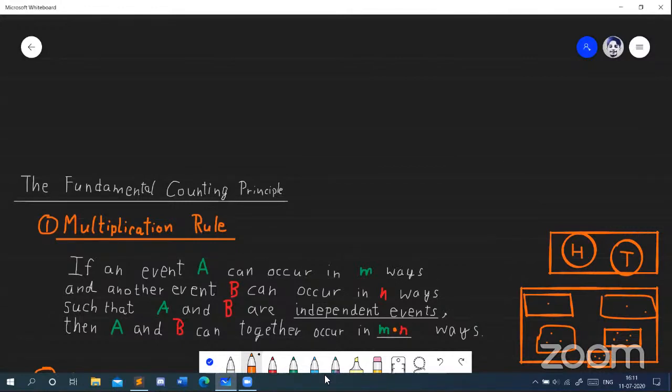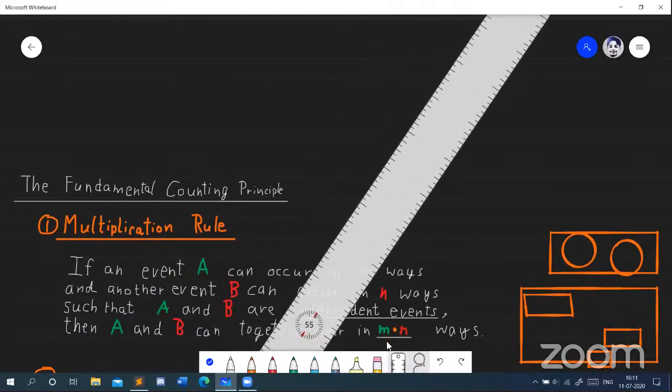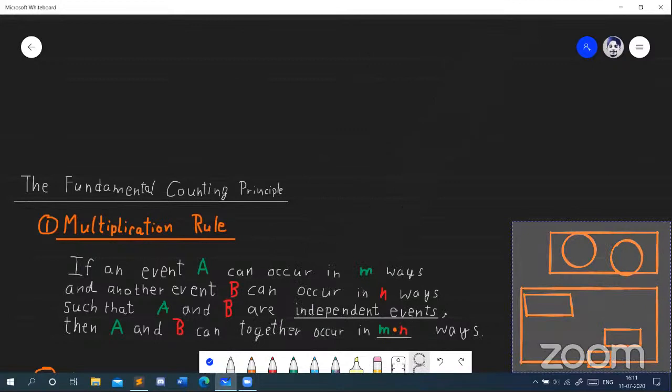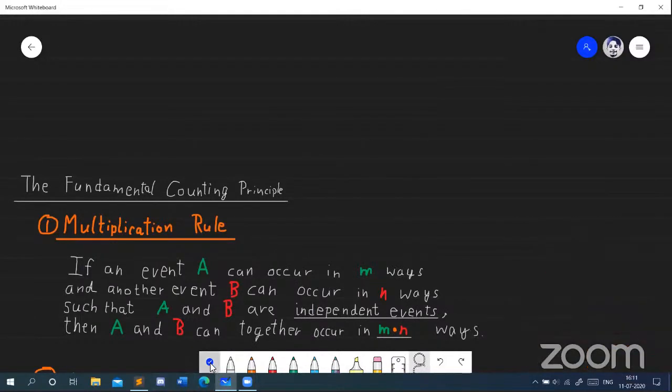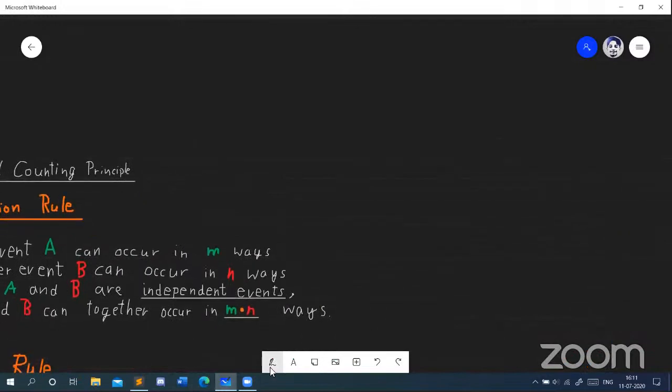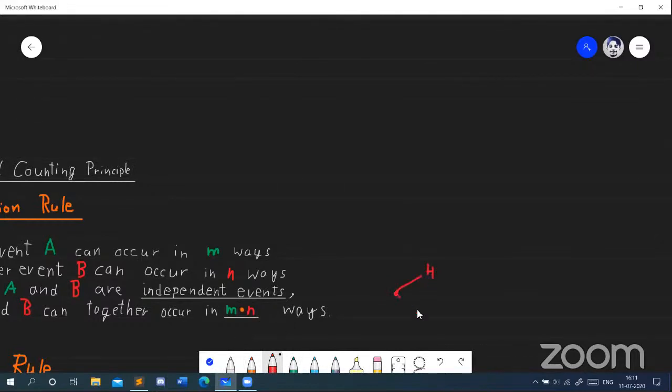So one way to look at that can be to just enumerate all possibilities. Let's say you decide to flip the coin first, and that will have two outcomes: a head or a tail, right?